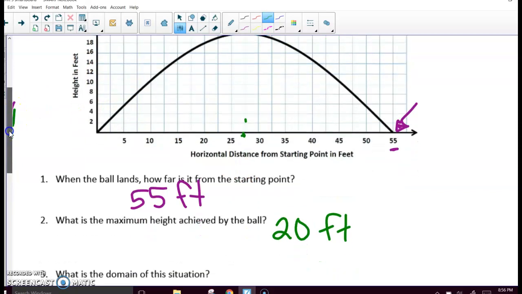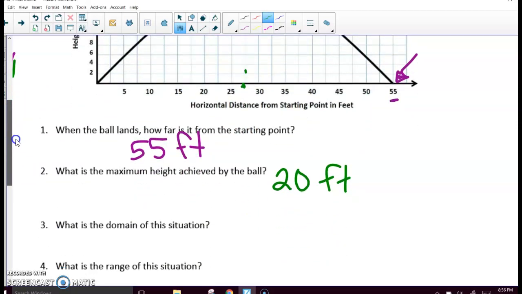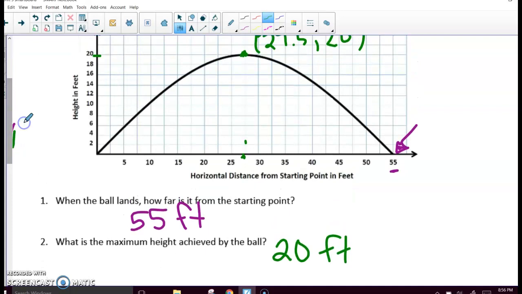Question number 3 asks, what is the domain of this situation? In general, for parabolas, the domain was all real numbers. But my parabola doesn't have arrows on it. Now I'm talking specifics for this situation. Domain is our x value. So as I look at the far left point and the far right point, I want those to correspond with my x values of 0 and 55.